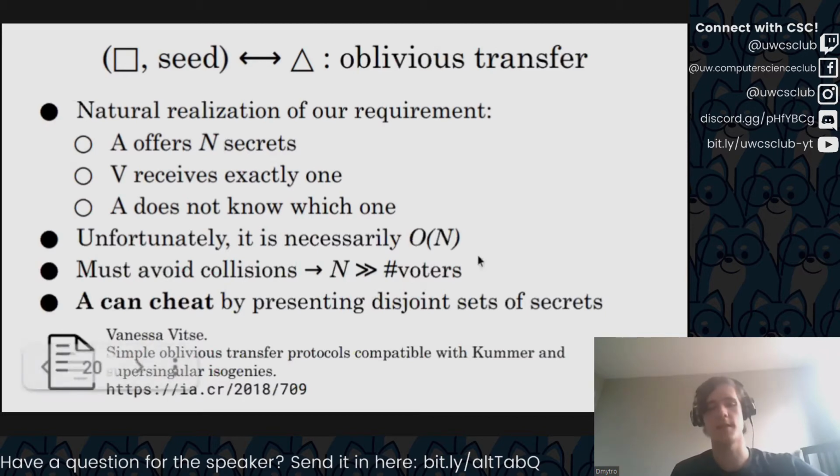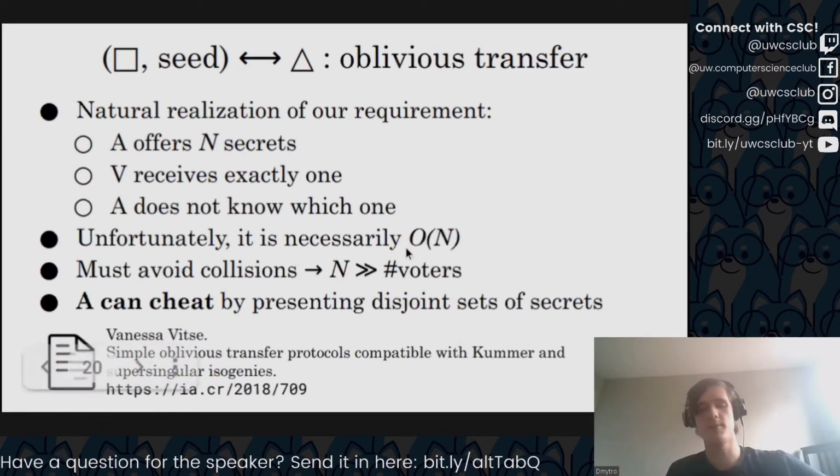And collisions are disastrous in this case, because if some voter receives the same token as another one, then they can't both vote. So you need this n to be much larger than the number of voters. And so this kind of dooms you. It's going to be very slow and wasteful. But you could work through that. That's fine. You don't need voting to be super fast, maybe.